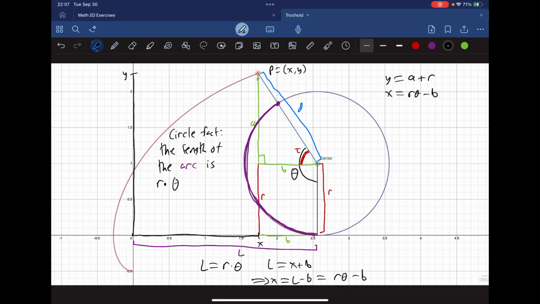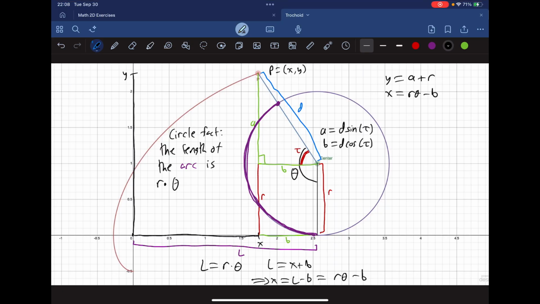So it follows that a is going to be the hypotenuse, which is d, remember that d is the distance from our point P to the center, times the sine of tau. Oh, sorry, not pi, tau. Similarly, the length b down here is going to be d times the cosine of tau.